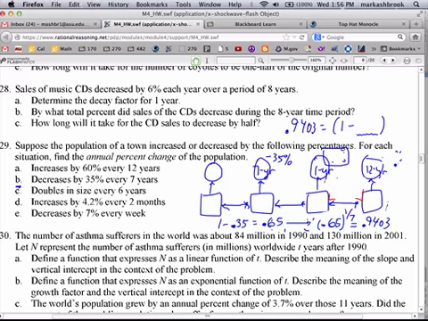Okay, so 1 minus 0.9403 will be this number that we're decreasing by. Is that 0.0597 or something? So what's our percent decrease? Is it negative or positive percent change? Negative 5.97%.